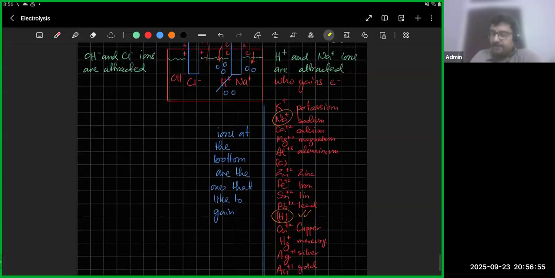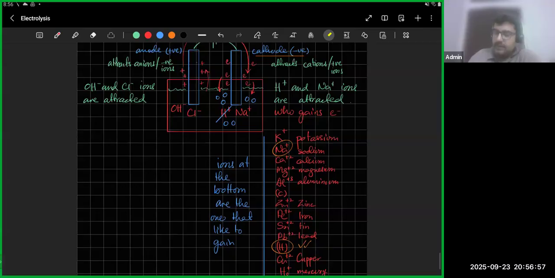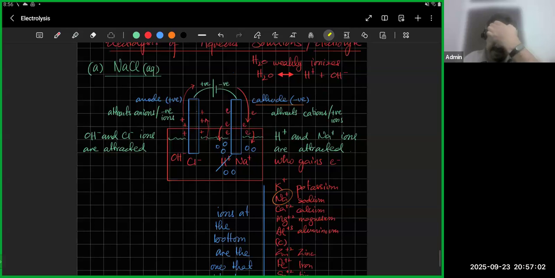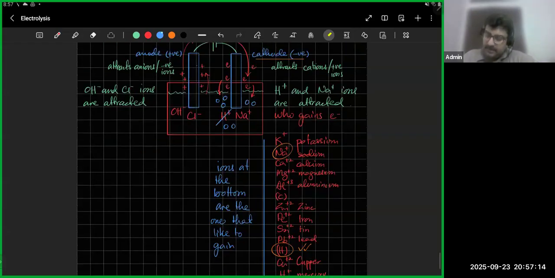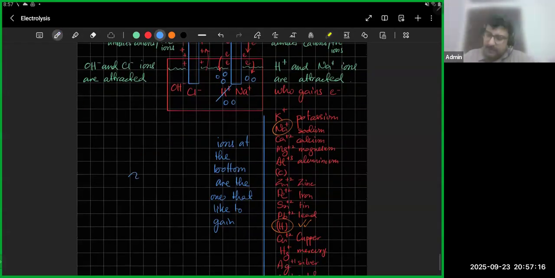Now on the other side, the competition is between OH ions and Cl ions. You have to decide who loses electrons between OH ions and Cl ions. For that, there's another series that you've got to remember. It's I minus one, Br minus one, OH minus one, Cl minus one, and then the rest of the ions.